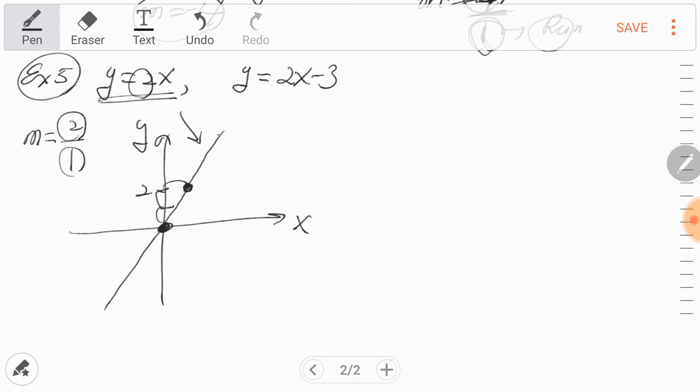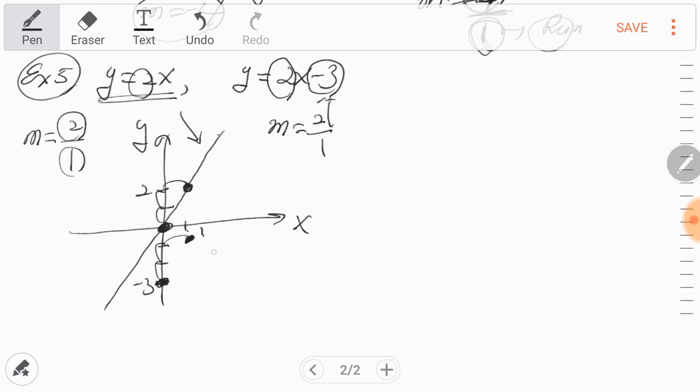How about the second equation? The y-intercept is -3. From this y-intercept, let's find the second point. The slope is 2, which is the same as the first equation. So move 2 units up, and then 1 unit to the right.